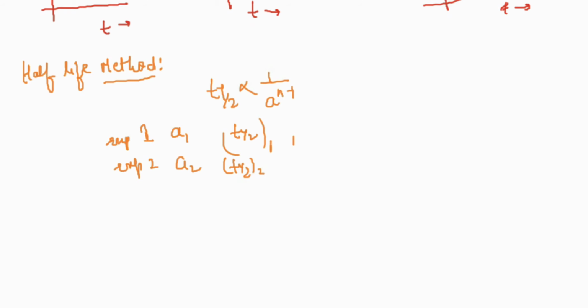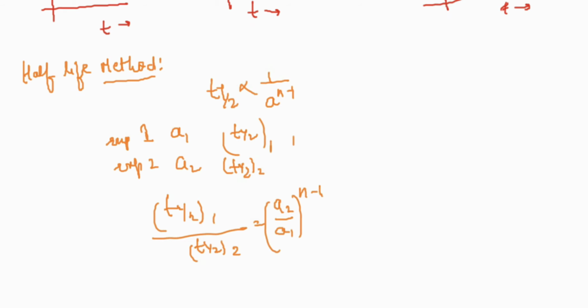If we divide t1 by t2, the ratio will be a2 by a1 raised to the power n minus 1.